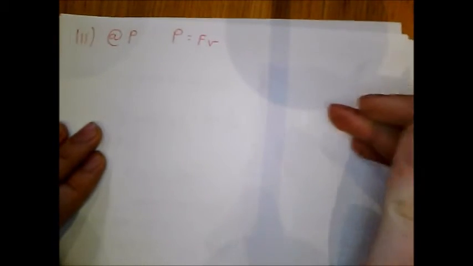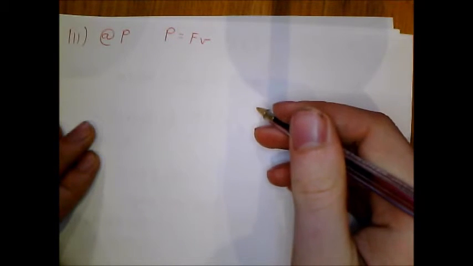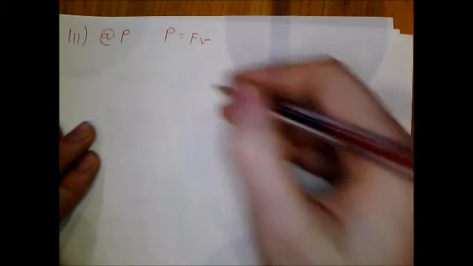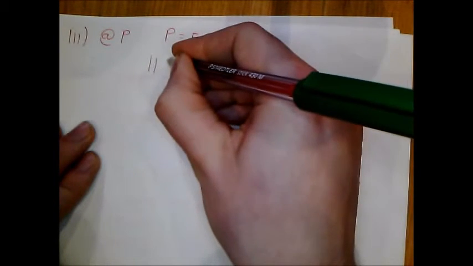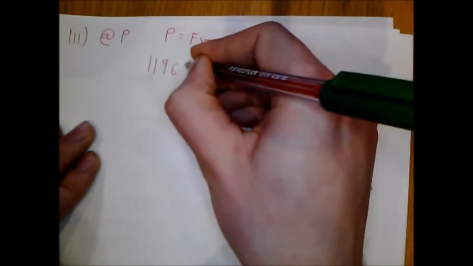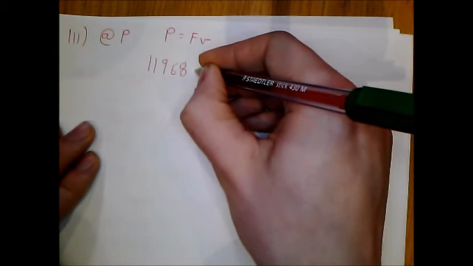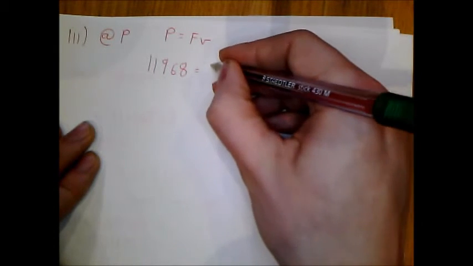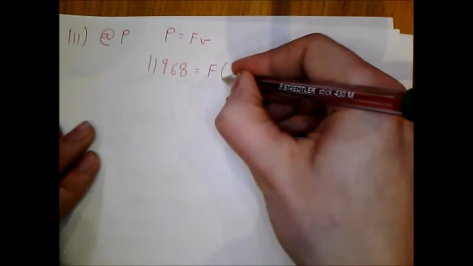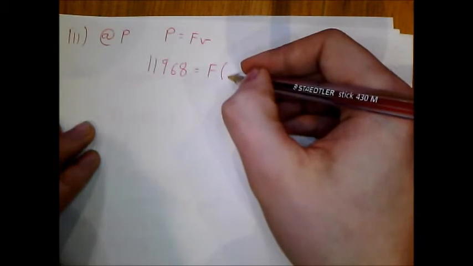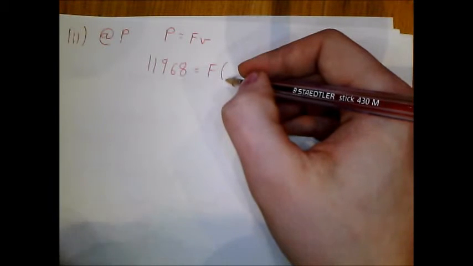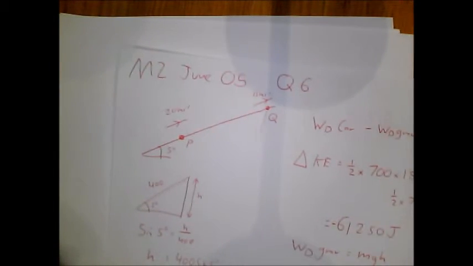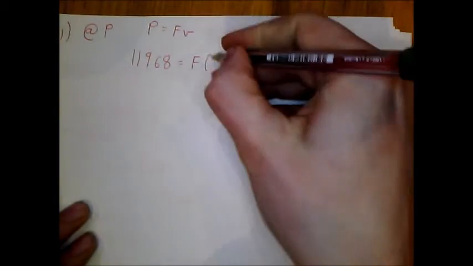The power hasn't changed, so I'm going to try and keep my power as accurate as possible. So 11968 equals the force multiplied by the velocity, and at point P it was travelling at 20 meters per second.